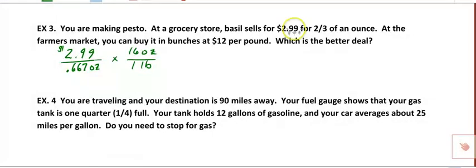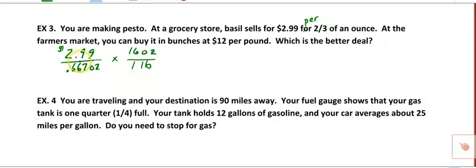I'm actually going to choose dollars per pound. $2.99, and remember the word for is the same thing as per. It's $2.99 per 2/3 of an ounce. I'll take that and change that to dollars per pound. So I've got $2.99, per means divided, 2/3 of an ounce. If you divide 2 by 3, you get 0.666667, so I just rounded that to 0.667 of an ounce.